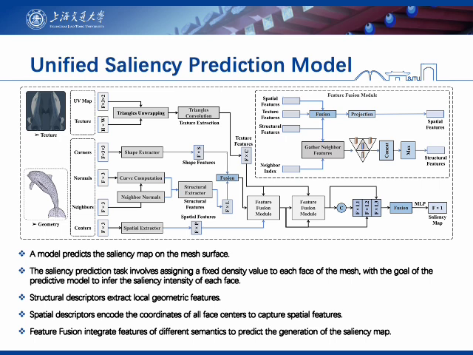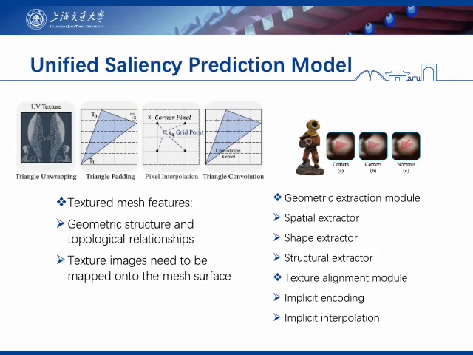As illustrated in the figure, the model is composed of a texture extraction model, a geometric extraction model, and a feature fusion model. The feature fusion model integrates the texture feature and the geometric feature to produce the saliency maps.